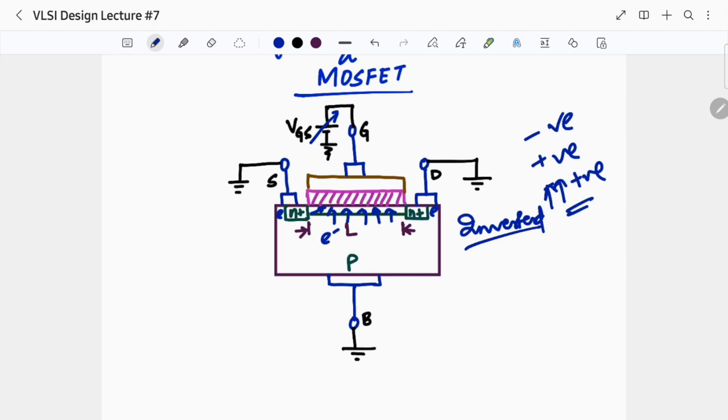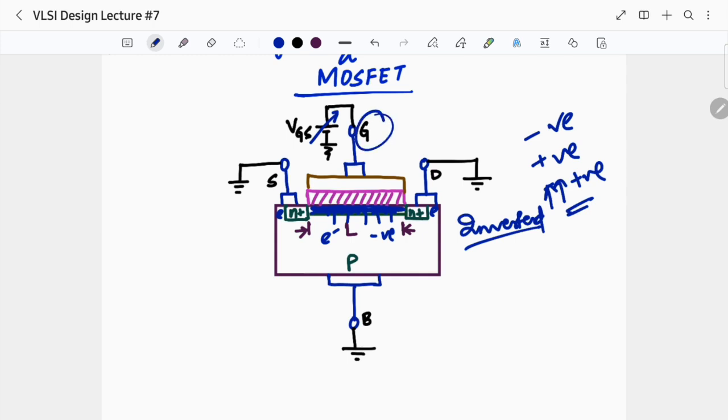Why are we calling it inverted? Because it's a p-type substrate. P-type means majority are holes, positive charges, and minority are electrons, the negative charges. So this place has been occupied by negative charges, and this portion that we are calling channel is completely negative.